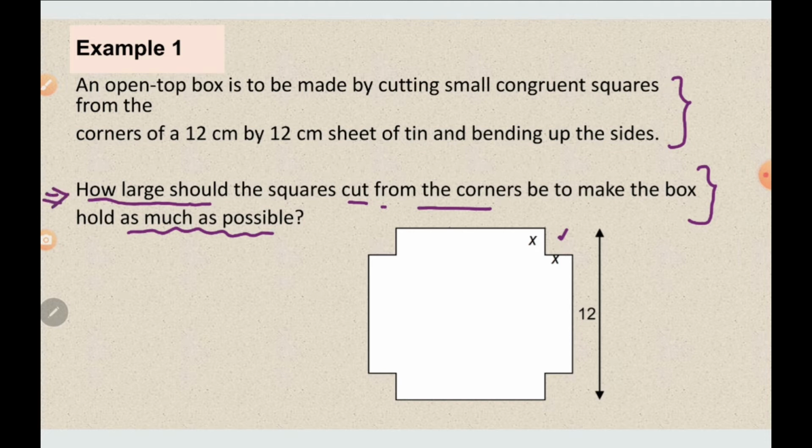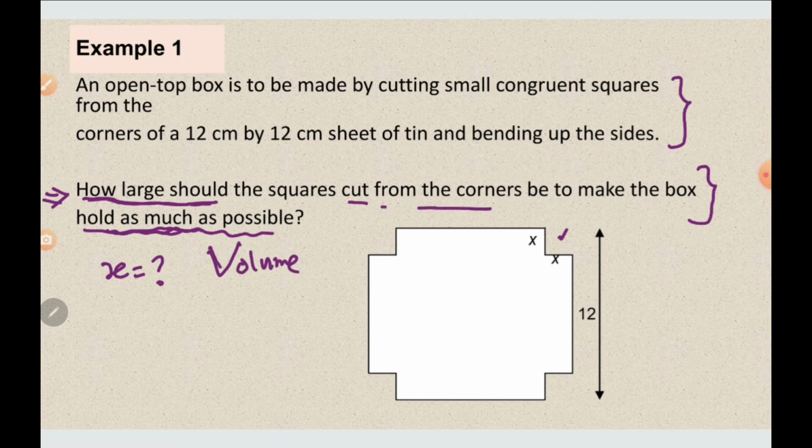We have a clue here: the question asks what is the value of x to be cut from the corner for the box to hold as much as possible. Hold as much as possible here means the volume. V stands for the volume.